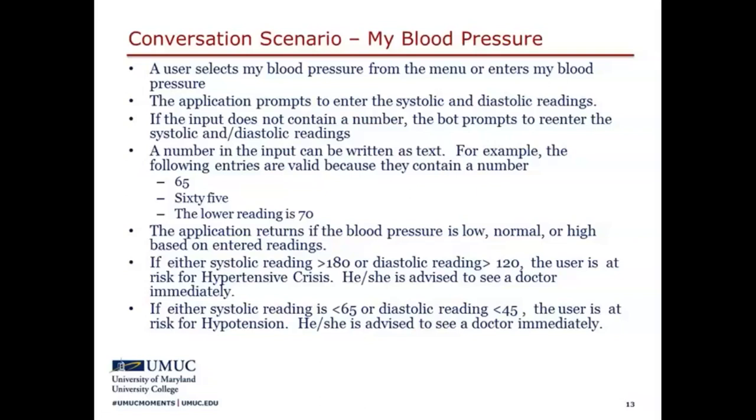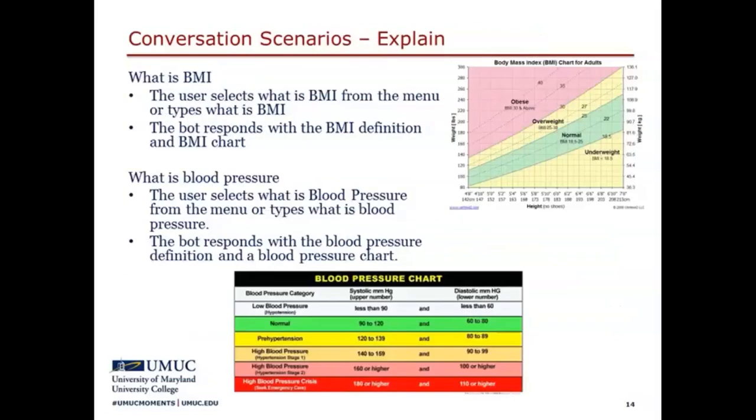Similarly, if the blood pressure reading is below 65 or 45, there is a risk of hypotension, so I want the application to stop, and the user should be referred to the emergency. This is what I want to happen, right? So think about it in your mind. You have some ifs, right? You have some conditional responses.